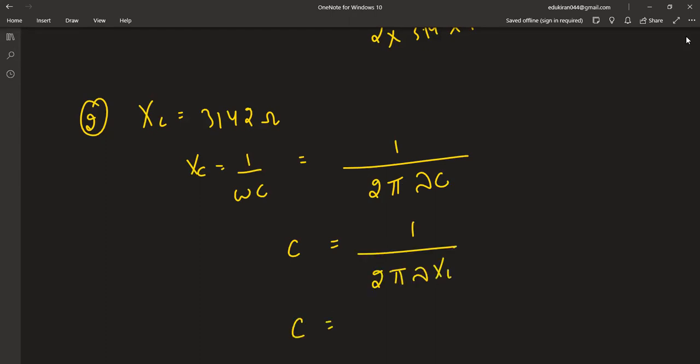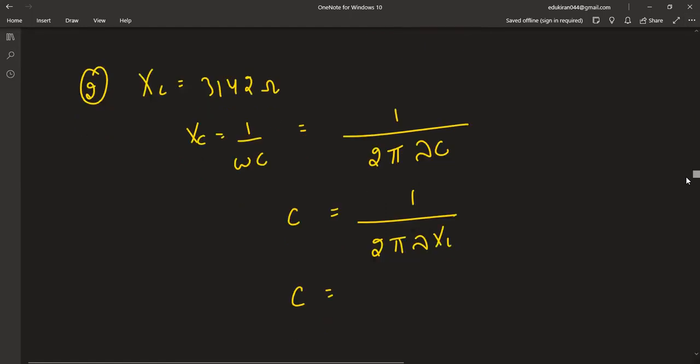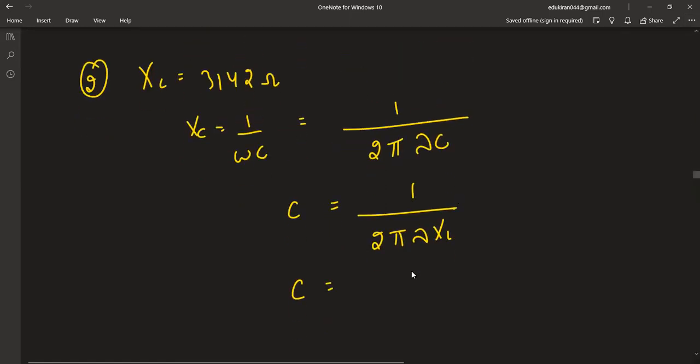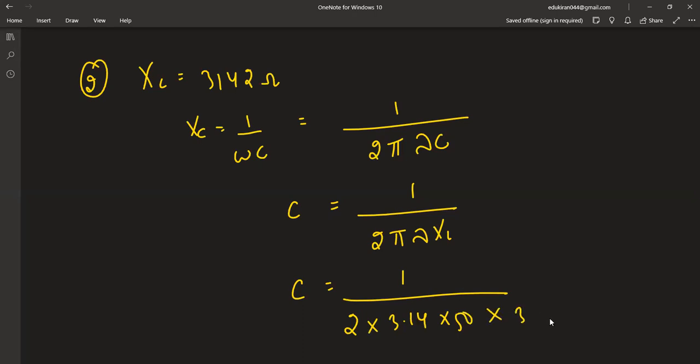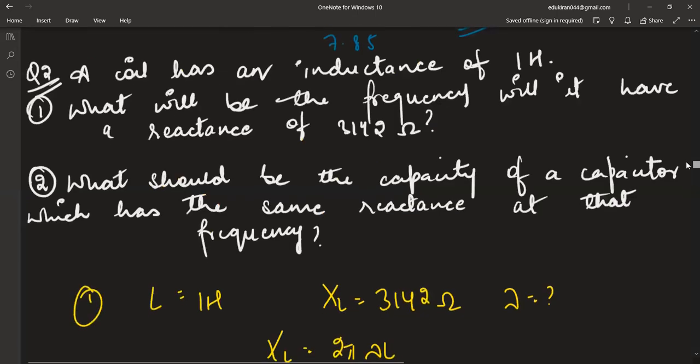So capacitance will be equal to 1 by 2 into 3.14 into 50, XC is 3142. This you can calculate. I think the answer should be 1.013 farad. Please cross check this also. Write it.